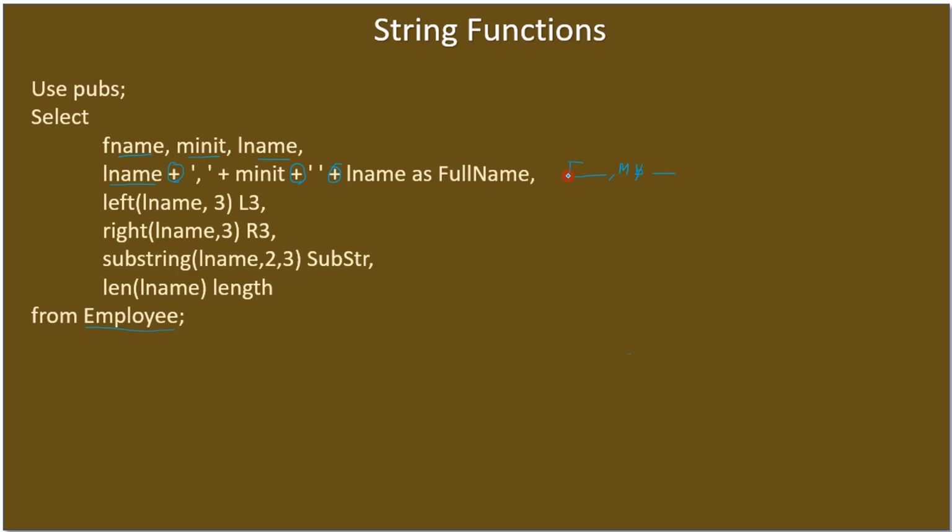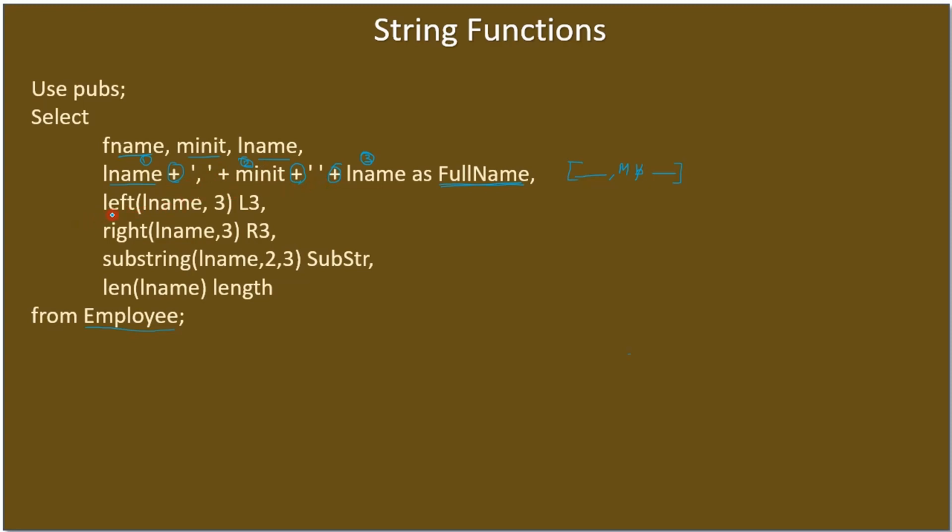Like this the full name will get displayed, and we set an alias name as full name because we stitched three columns, column 1, 2 and 3. Together they form a full name, and here we used the plus to concatenate the string.